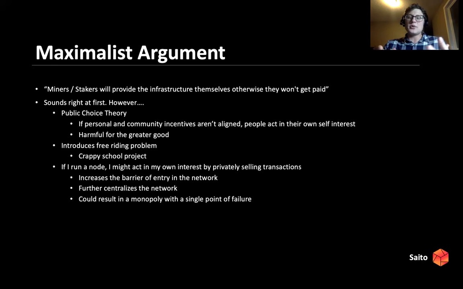Because this eliminates the competition that we should be seeing in a free market, it results in market centralization. And over time, if you wait long enough, this could lead to a monopoly where you have a single point of failure, which is a huge problem.